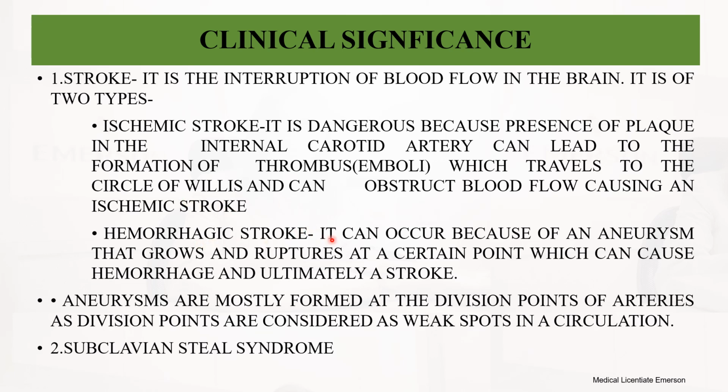Whilst hemorrhagic stroke can occur because of an aneurysm that grows and ruptures at a certain point, which can cause hemorrhage and ultimately a stroke. Aneurysms are commonly formed at the division points of arteries, as division points are considered weak spots in the circulation. This is the clinical significance, and it's very common in stroke.